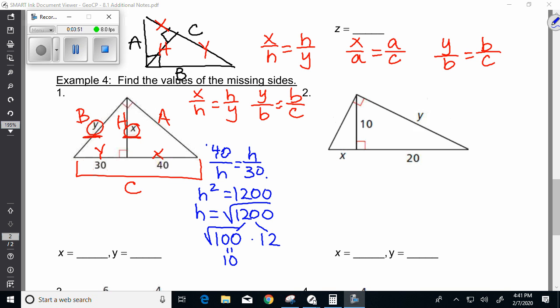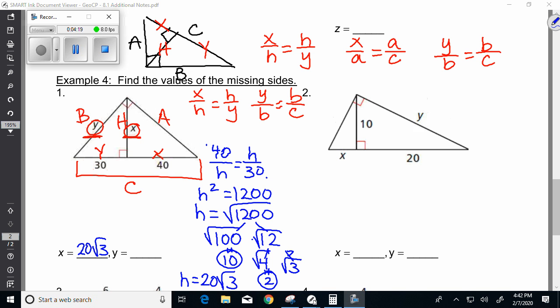But 12 can still be broken down into 4 and 3. The square root of 4 is 2. And 3 you can't break down anymore. So your H is going to end up equaling 10 times 2, square root of 3, which is 20 square root of 3. H was on the X side, so X is equal to 20 square root of 3.